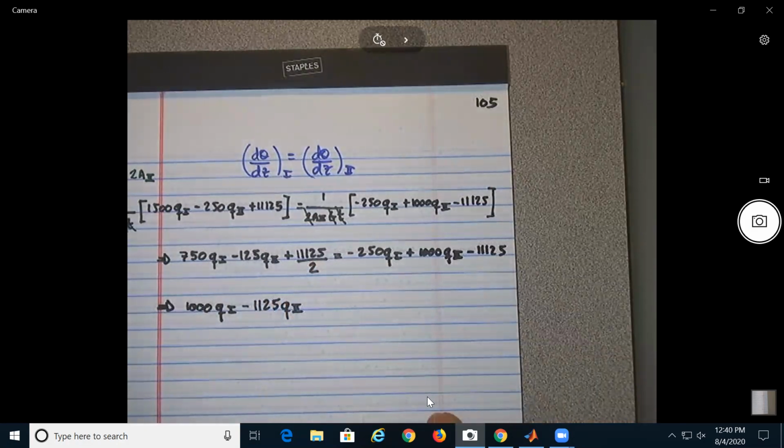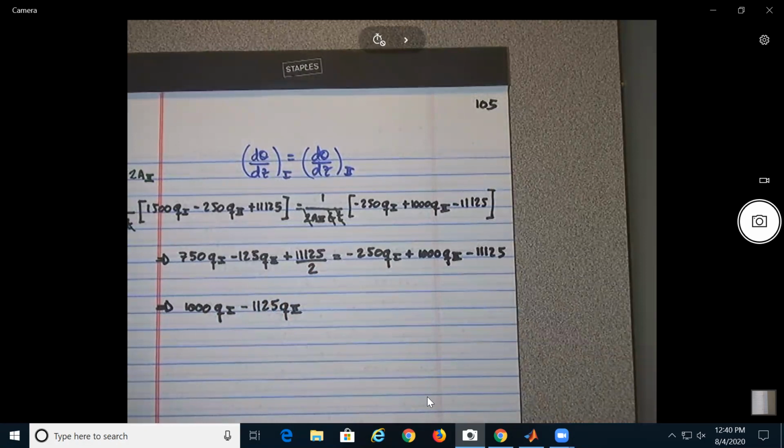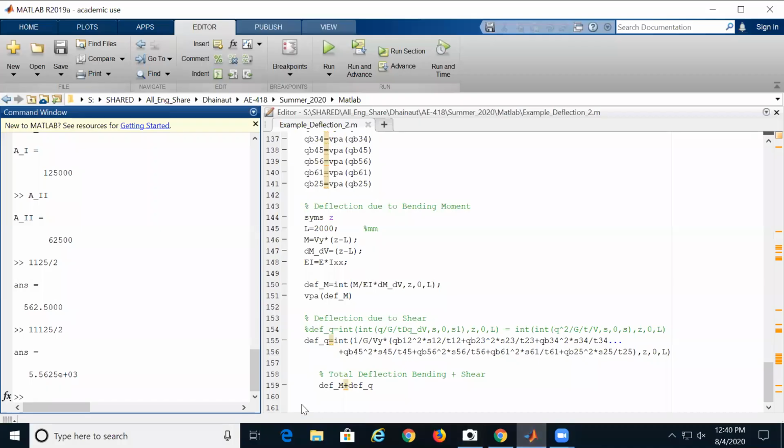And then we get the 11,125 divided by 2 plus the 11,125.